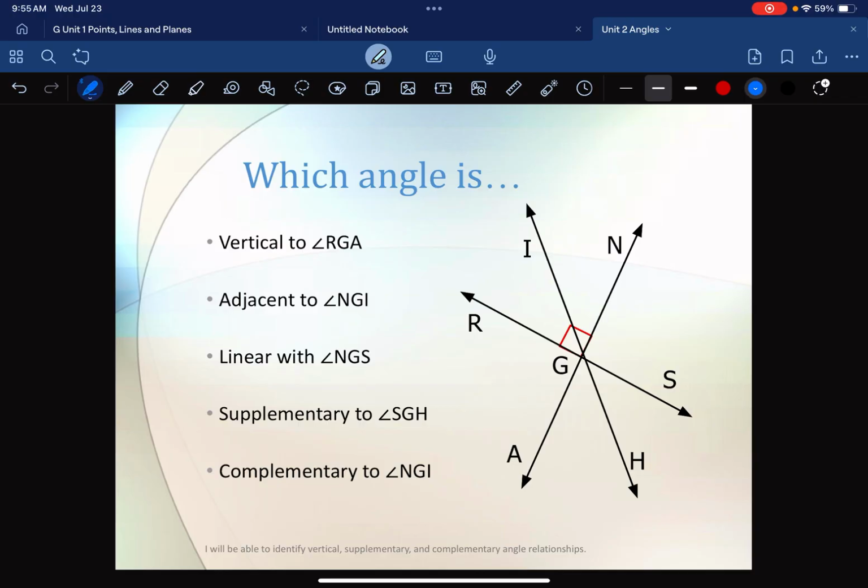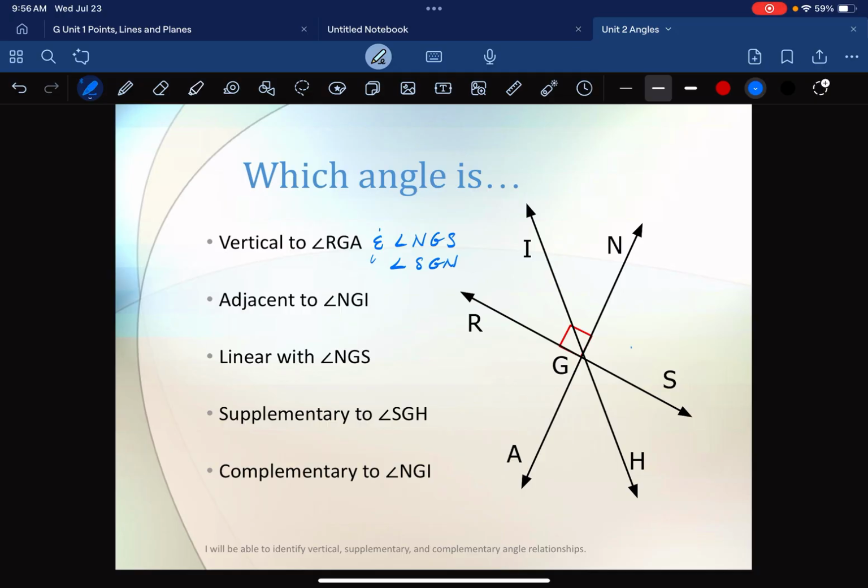So vertical to RGA, that's opposite halves of the X. So I'm looking at angle NGS, or you could have said angle SGN. Adjacent to NGI, well, NGI.